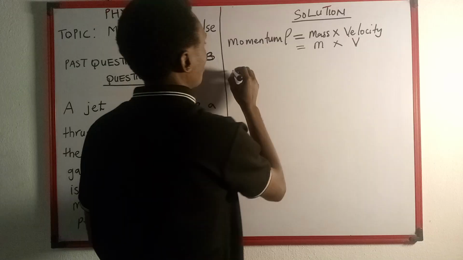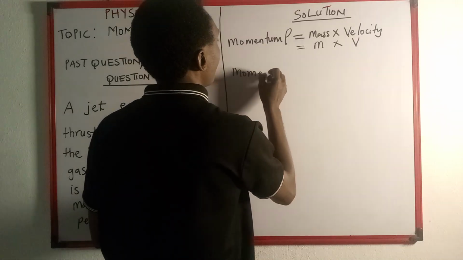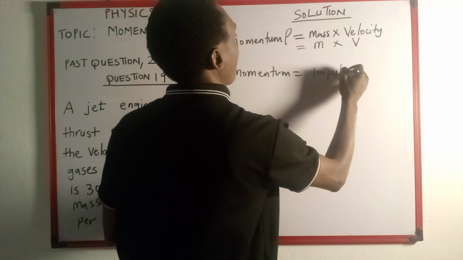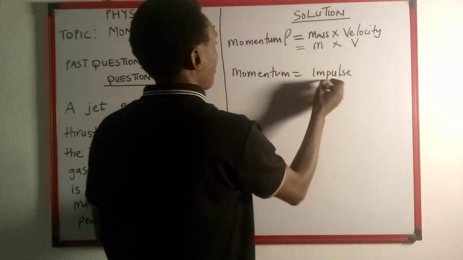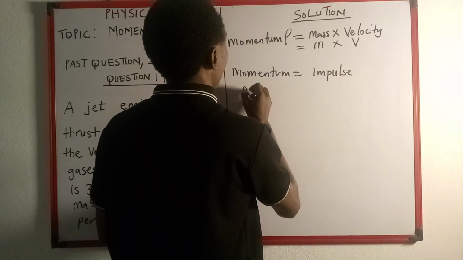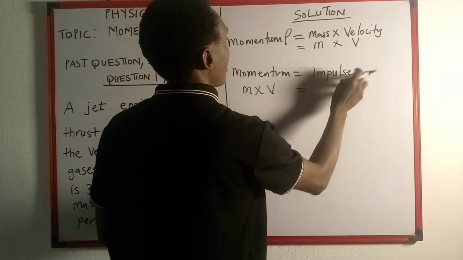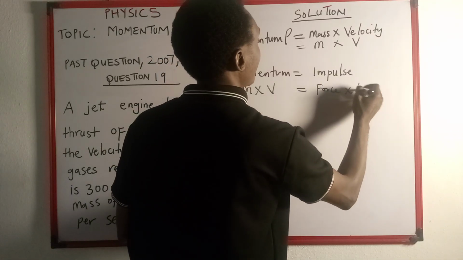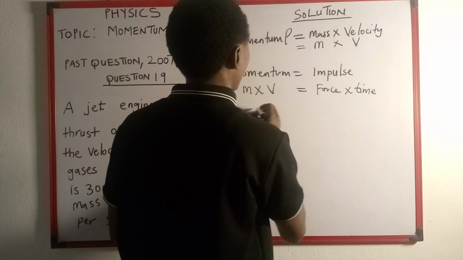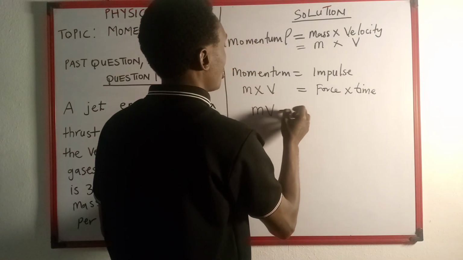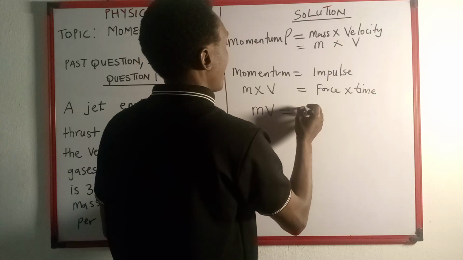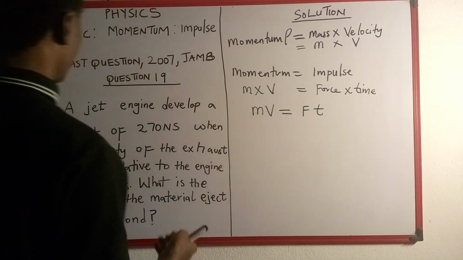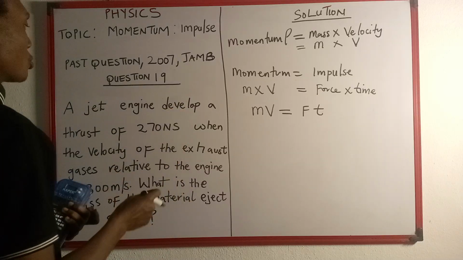Now this same momentum is also equivalent to impulse. So meaning from here, momentum is mass times velocity. Impulse is force times time. So at the end, we're having mv is equal to Ft.